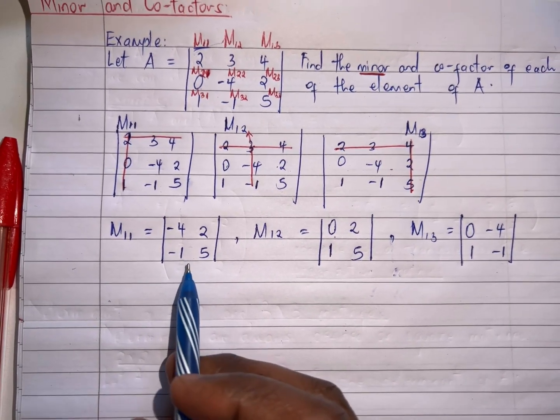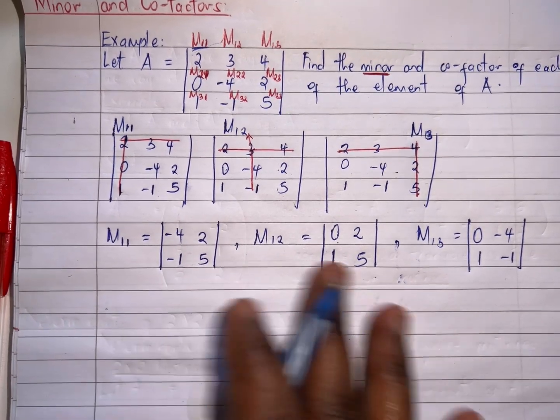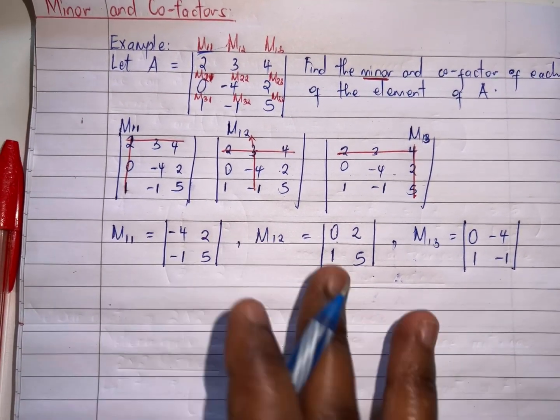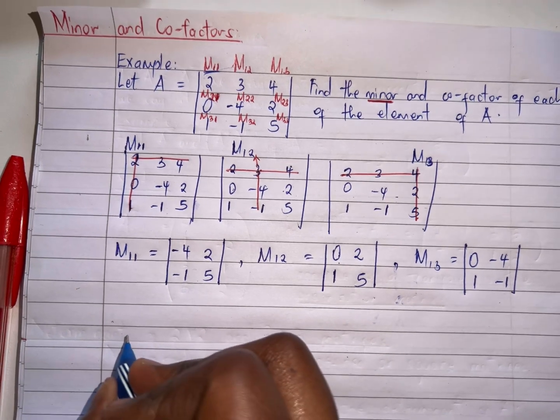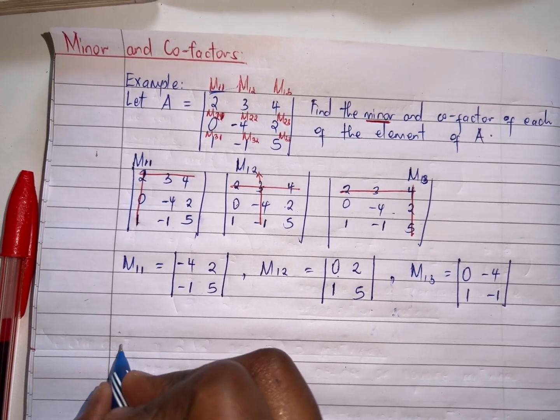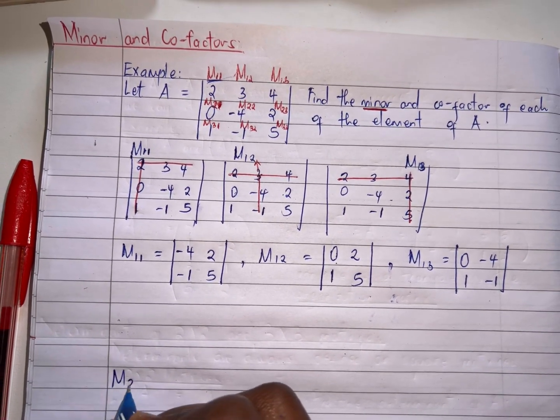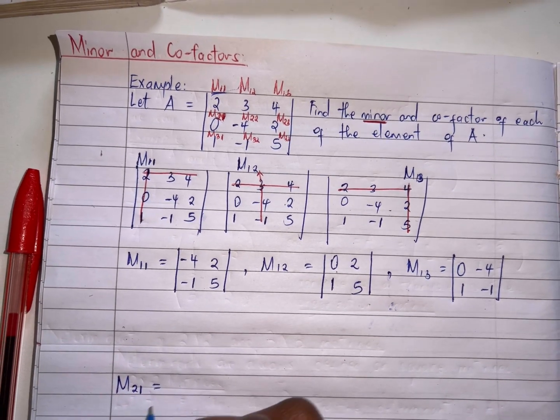Moving on, let me just leave some space and find all the minors. I'll come back and work out the determinants. The determinant of these values will be the minor.